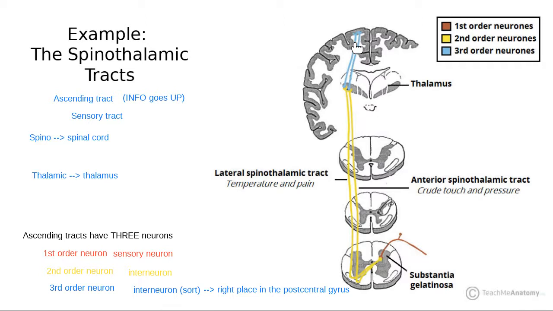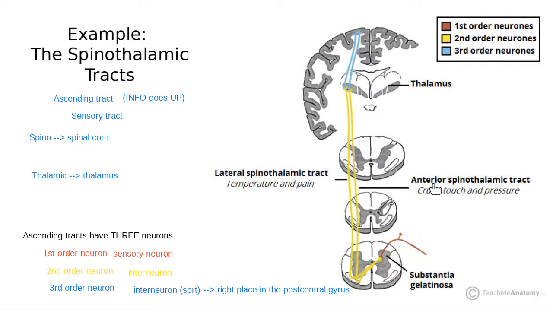Now, I'll mention with the spinothalamic tract that you'll see in my picture here, there's more than one of them. There's what's called the anterior spinothalamic tract, and there's what's called the lateral spinothalamic tract. Hey, this is not a trick question. What does the word anterior mean? What does anterior mean?